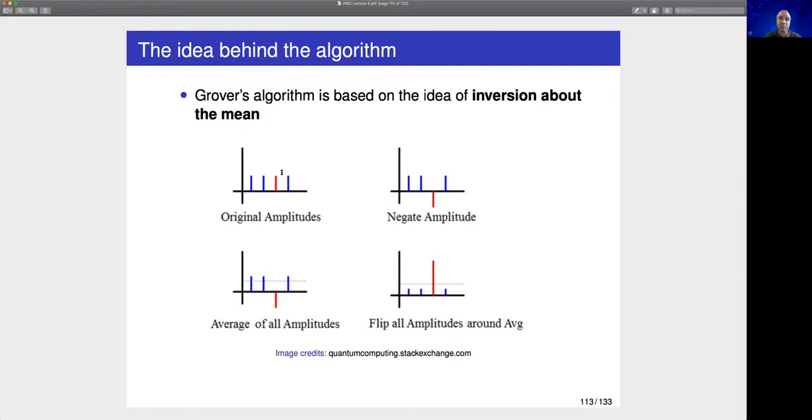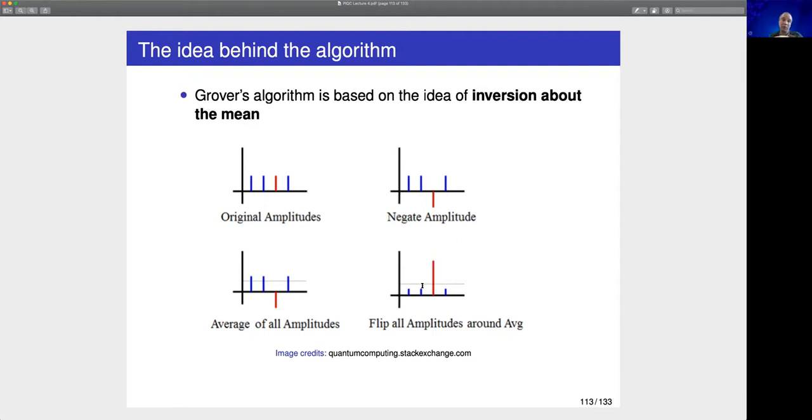At this point, all the elements were equal, so the average was the value of any of them. But now one of them is negative, so the average is going to be a little bit lower. And then we are going to flip all the amplitudes around this mean.